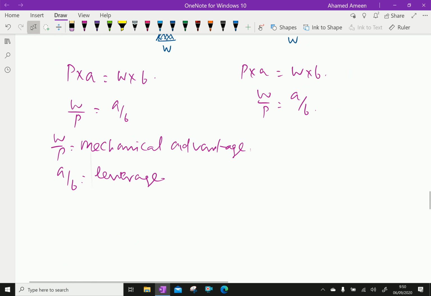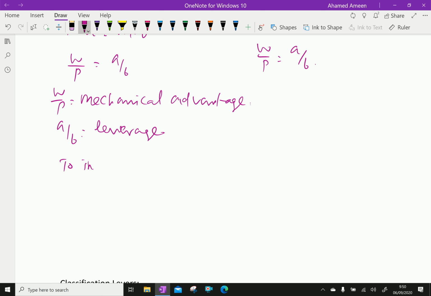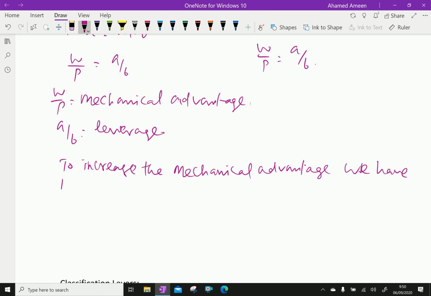Look at this note. To increase the mechanical advantage, we have to increase the leverage.